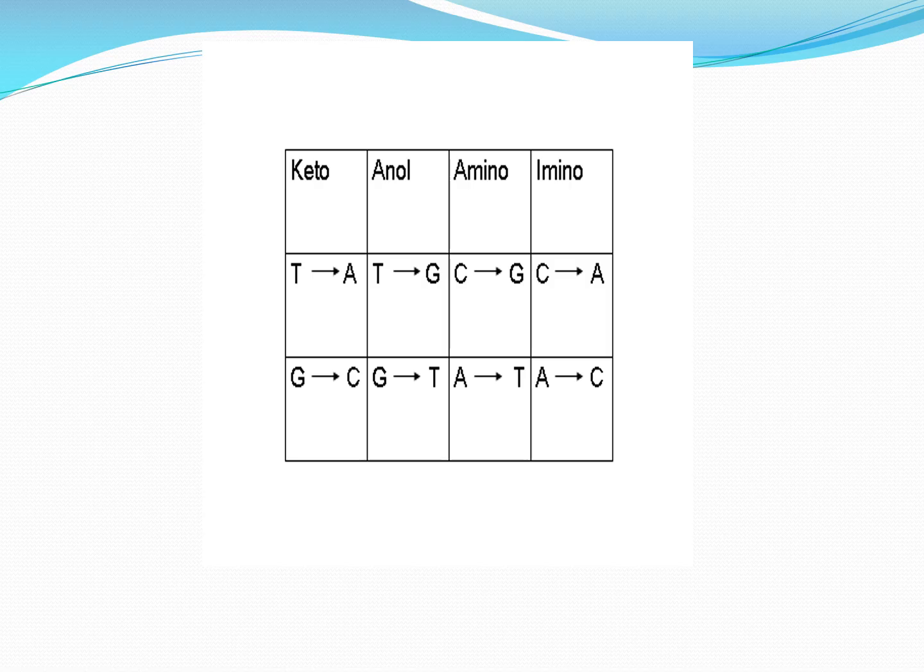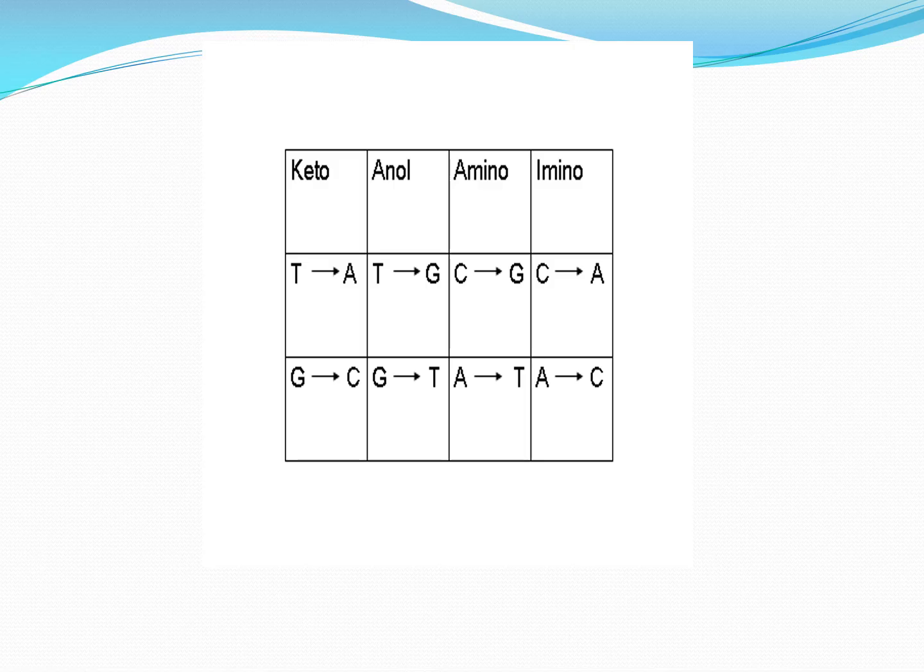DNA bases can exist in two different chemical forms called tautomers. These forms are in equilibrium with each other. The common stable forms are called the keto form for thymine and guanine and the amino form for cytosine and adenine. In these standard forms, base pairing follows the rules.